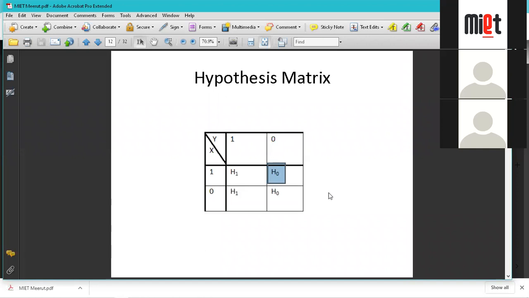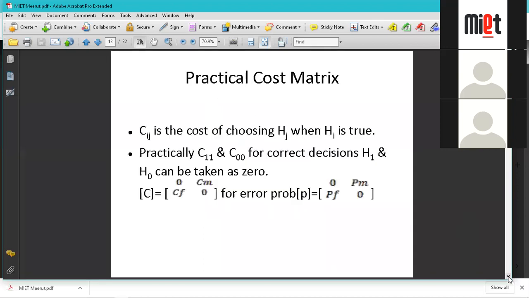It means 1 has become 0. In the other case, X is equal to 0 and Y is equal to 1. Here also it is an error. So these are the two error hypotheses. Let's go to the next piece.